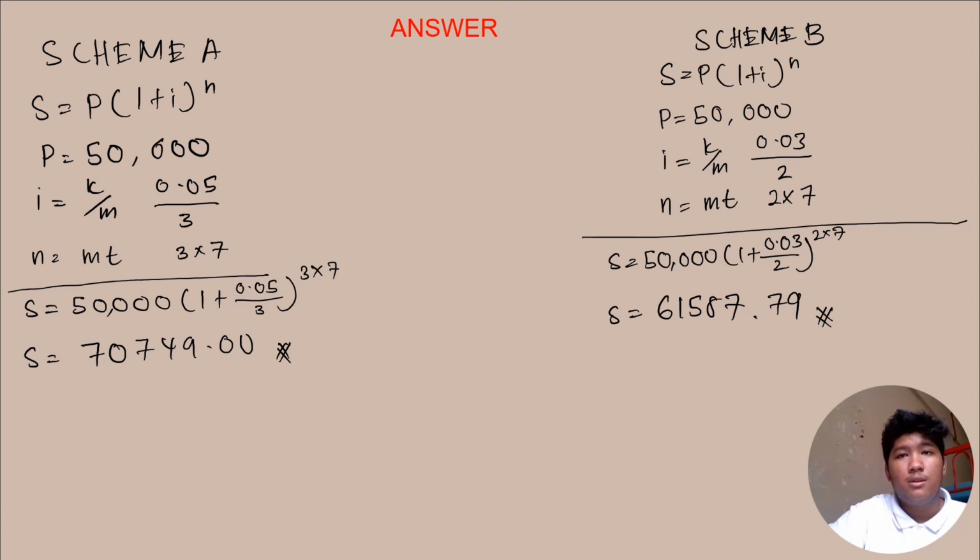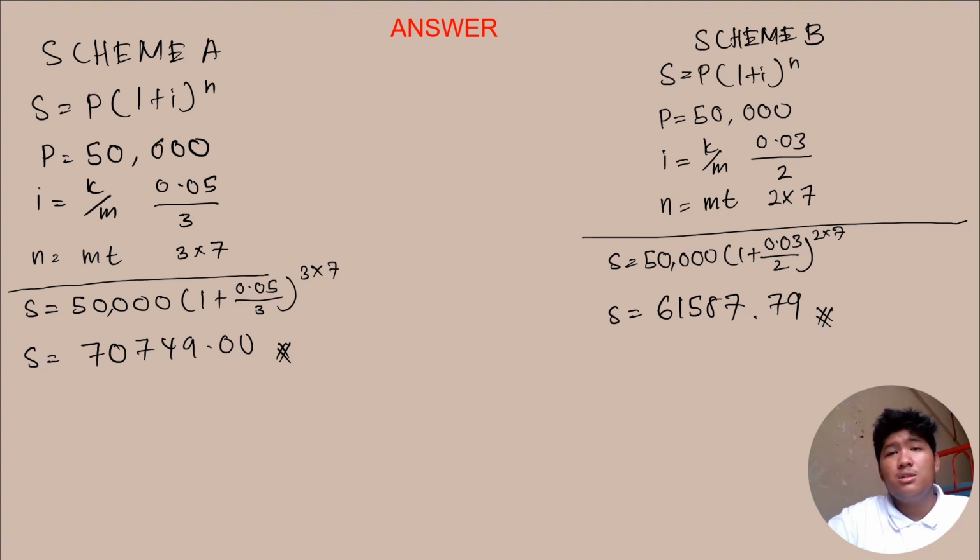70,749. For Scheme B, we will use the formula S equals P in bracket 1 plus i close bracket the power of n. P equals 50,000, i equals K per m, which is 0.03 over 2, n equals m t, which is 2 multiplied by 7.